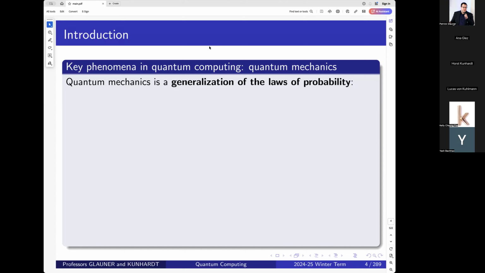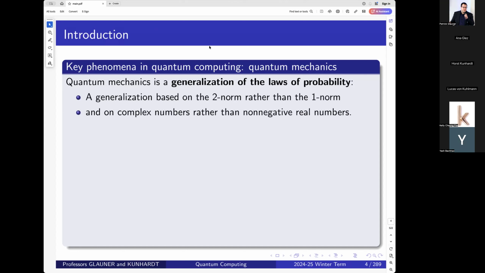And quantum mechanics looks like it's something purely from physics, but in fact, quantum mechanics can be seen as a generalization of the laws of probability. With probabilities, you deal with regular probabilities, you deal with the one norm, but with quantum mechanics, we deal in the two norm. If these words don't make sense to you yet, you'll see this in the coming weeks when we look in detail into quantum mechanics.